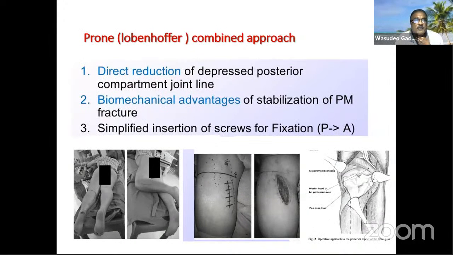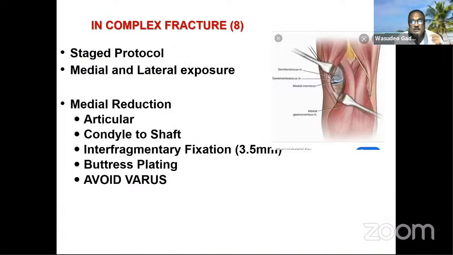And the prone Lobenhoffer combined approach, as described by Jignesh Sarvaiya as well as other speakers, is one of the new tools in the management of upper condyle fractures.